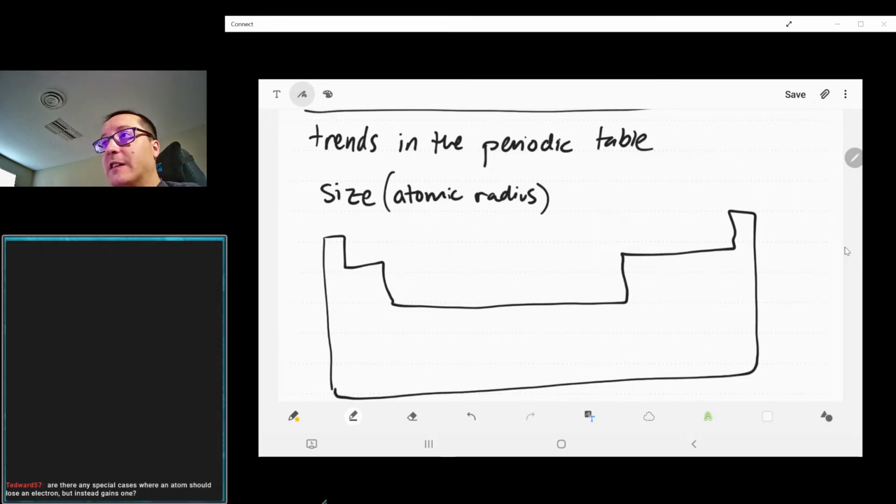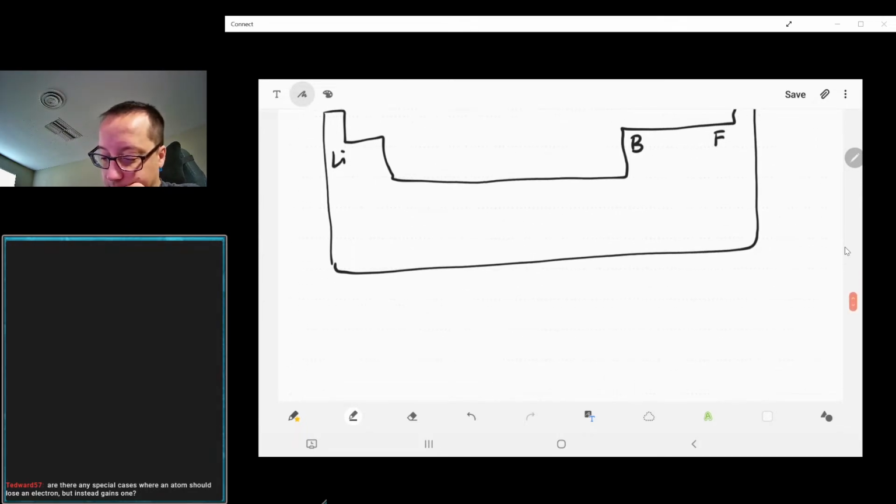There's a couple of things that we can do to compare. So if we look at, for example, fluorine and aluminum and... wait, aluminum is not there. That's boron. And then, I don't know, lithium. Let's look at those three and let's see if we can compare them.